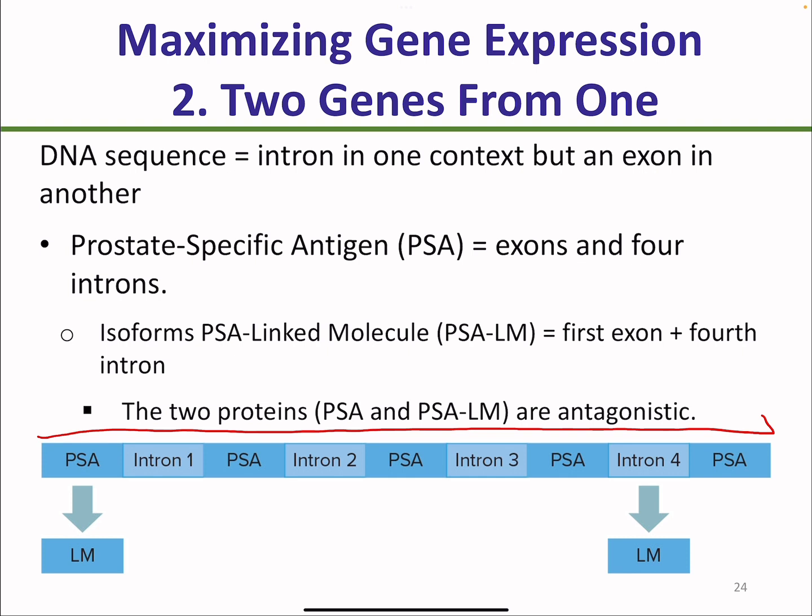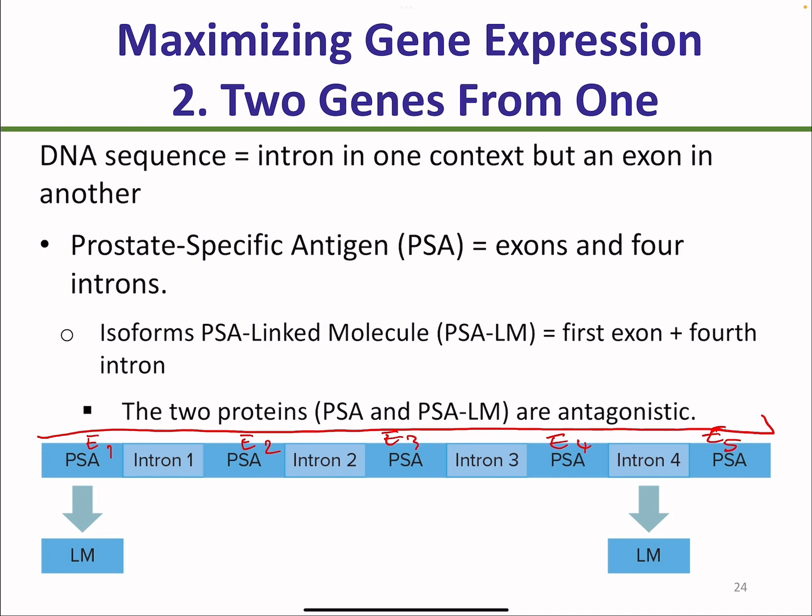This is an exon right here, another one here, another one here, another one here, and another one here. So exons 1, 2, 3, 4, 5, all right? And then we have introns 1, 2, 3, 4.